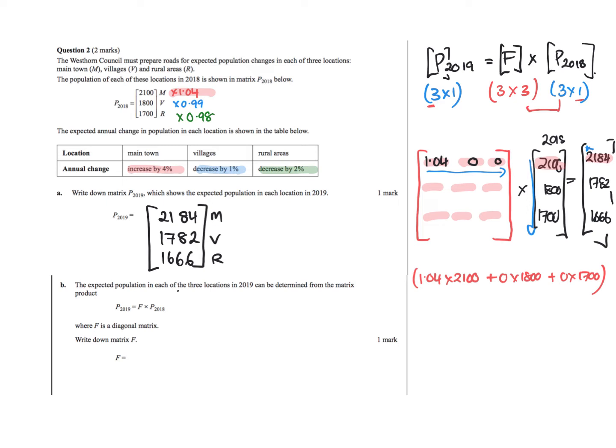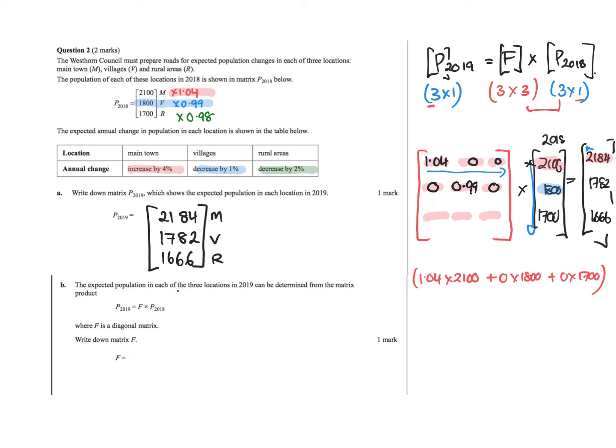Now in the second one, we want this second number to show, and we want to multiply it by 0.99. So when we do run and dive, I don't want anything to do with that first number, but I want to influence when I hit the second one. So I'm going to put 0, 0.99 and 0 there.